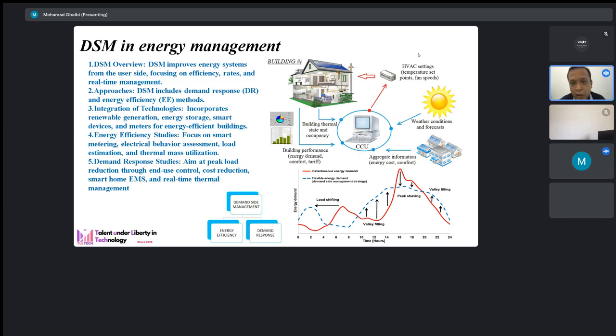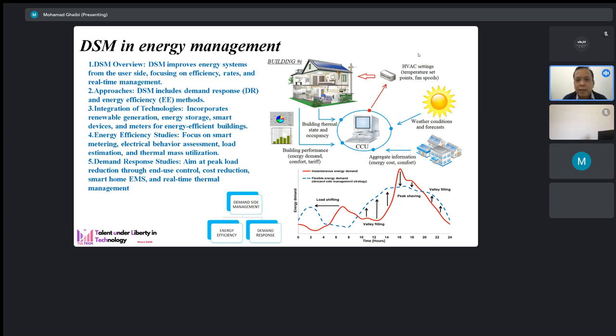For integration of technology, DSM integrates a variety of technologies such as renewable energy generation, energy storage systems, smart devices, and advanced methods to create more energy-efficient buildings and systems. For energy efficiency studies, research in energy efficiency explores topics like smart metering to track and optimize energy usage, assessment of electrical behavior to identify inefficiencies, load estimation for better resource allocation, and utilization of thermal mass to regulate building temperature efficiently.